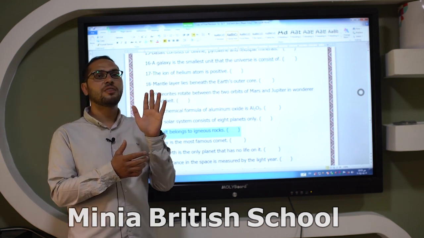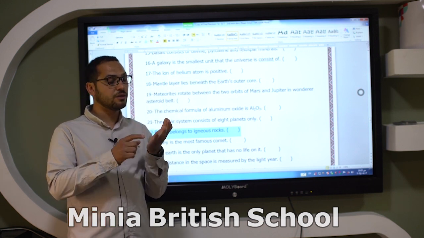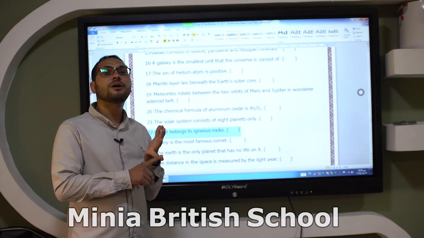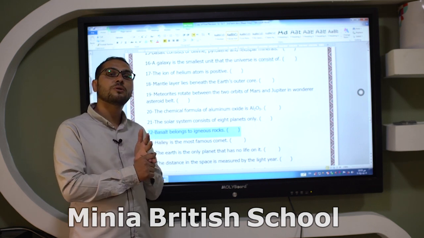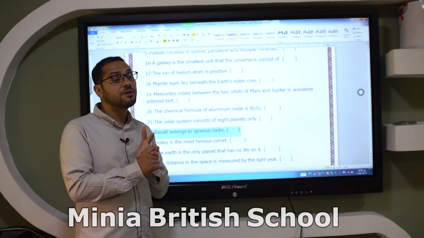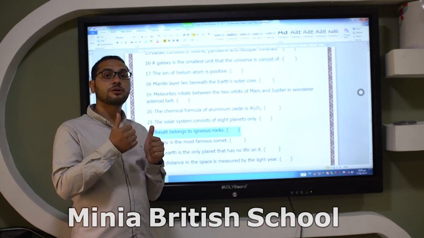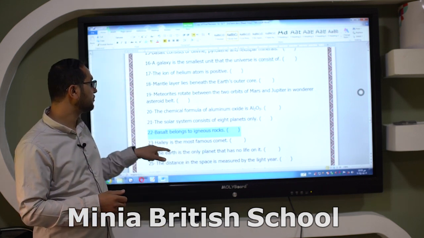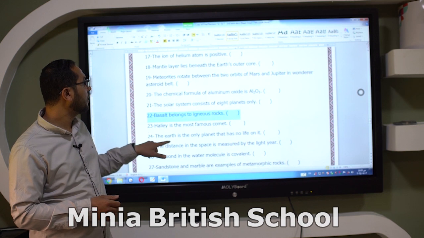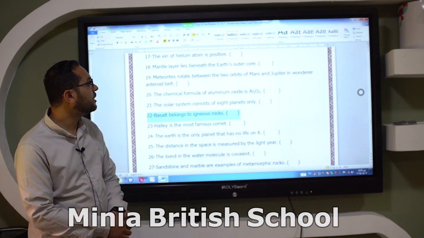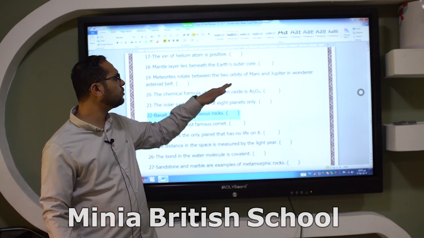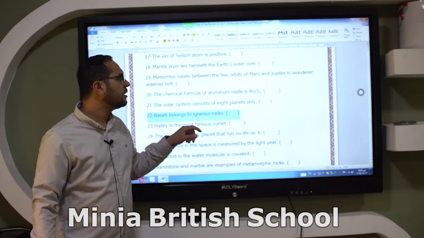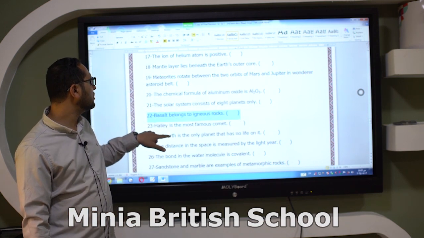As you know, the layers of Earth are: number 1, the Earth's crust; number 2, the mantle layer; number 3, the core, and we have the inner core and the outer core.